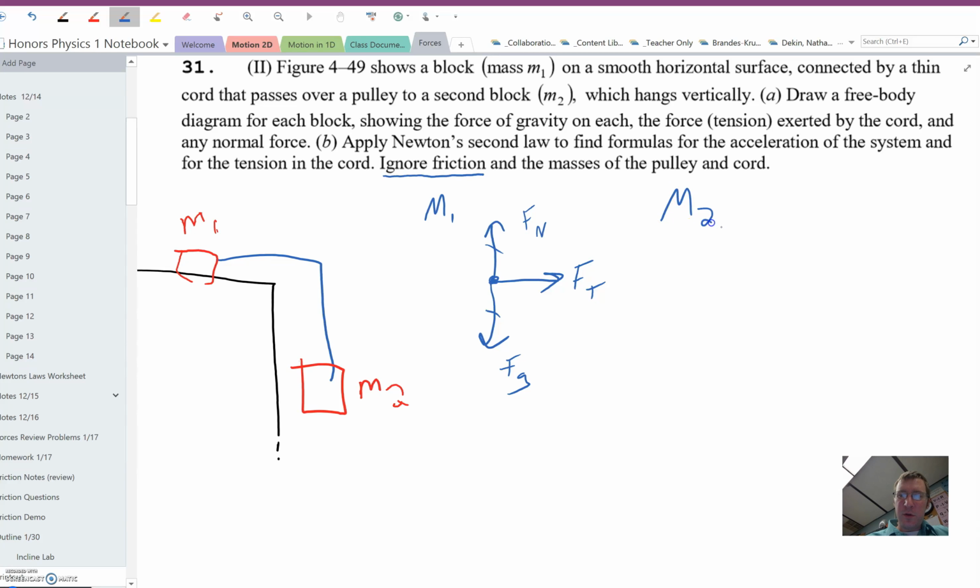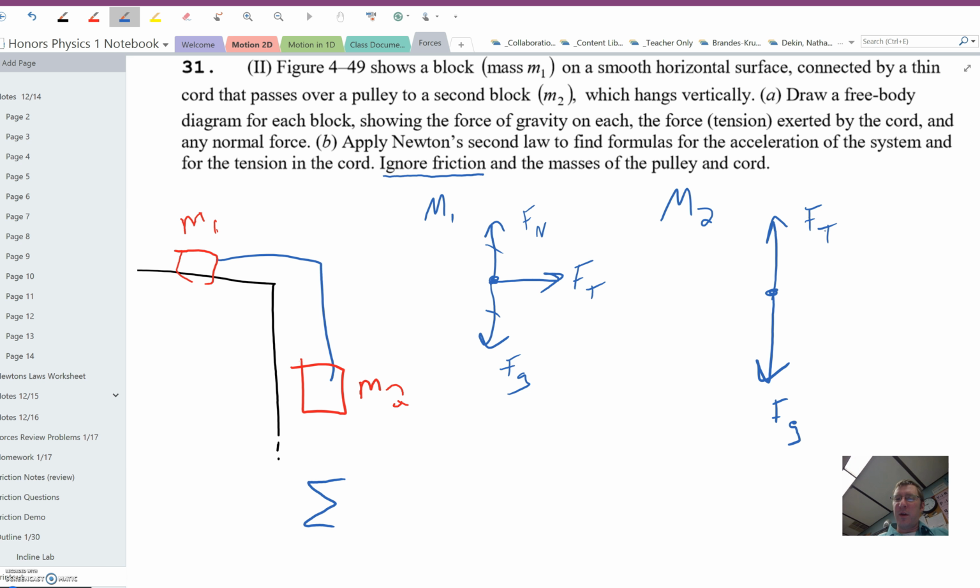For mass 2, all we have is a force of gravity pulling down, and then we have the force of tension in the rope. So here's our start. Now we do want to look at what the sum of our forces are for each one, because tension is showing up in both. So tension is going to be this common denominator that lets us connect them.